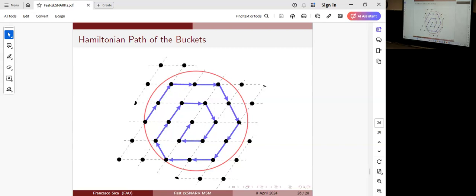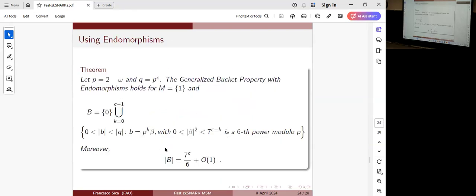But the idea is to have this spiral that spirals inwards here. These are basically the points, in fact, when k is 0, so the 6th power is 1 modulo p here.